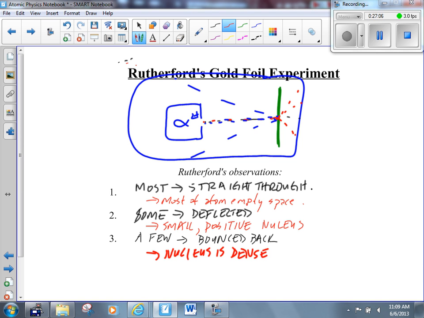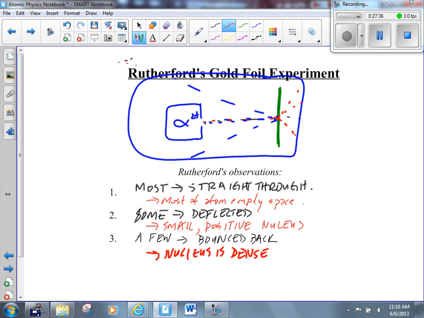We knock it out of the way, right? Watch what happens when we hit a small, positive, heavy nucleus. It bounces back, right? So the fact that this alpha particle bounced back told us that this nucleus, already established as being small and positive, has got to be heavy as well. Because if it was light, the alpha particle would have just knocked it out of the way and kept going. Does that make sense?